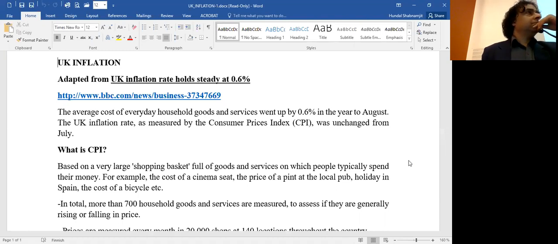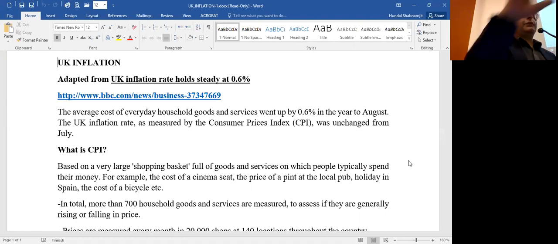Yeah, so your buying power declines here. So even though your nominal income is the same, your real income goes down.